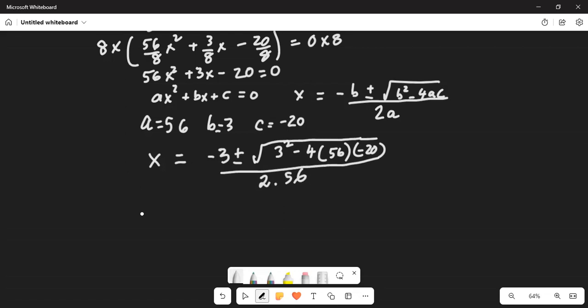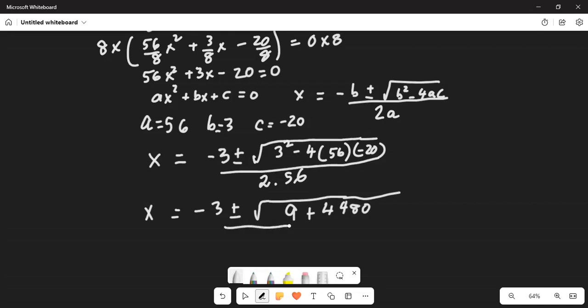So x is equal to minus 3 plus or minus the square root of 3 squared, 3 times 3 is 9, and there are two minus signs, minus 4 with a minus 20. The two minuses make it positive, and 4 times 56 times 20, you can use your calculator, is 4480.